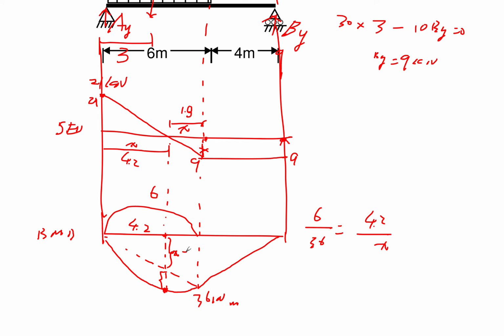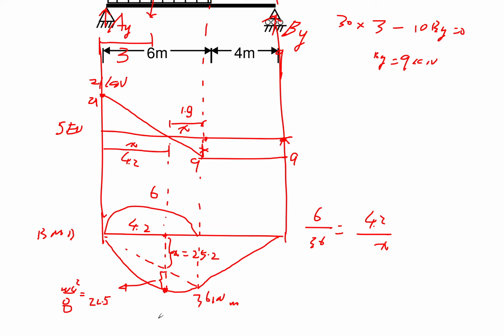We can work out x is 25.2. And this portion over here is omega L squared over 8, which gives you 22.5.